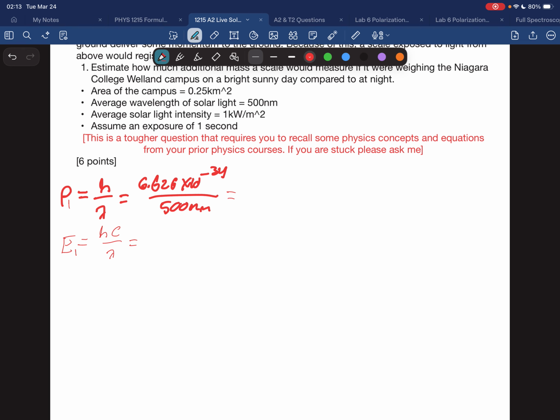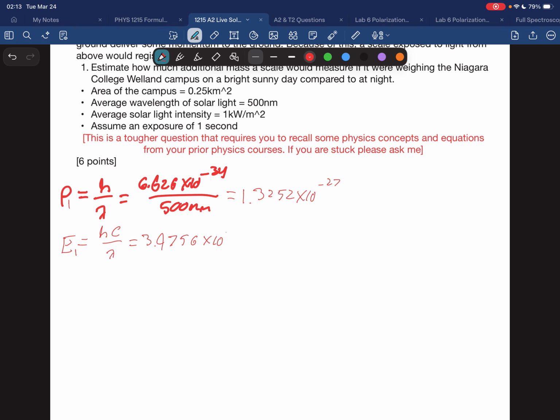Oh, I don't actually have my value. I never finished that calculation. It's 1.3252 times 10 to the negative 27. Great. So now this is going to be the exact same calculation, but we are multiplying by the speed of light. And instead of writing it all out, I'm just going to write the answer here.